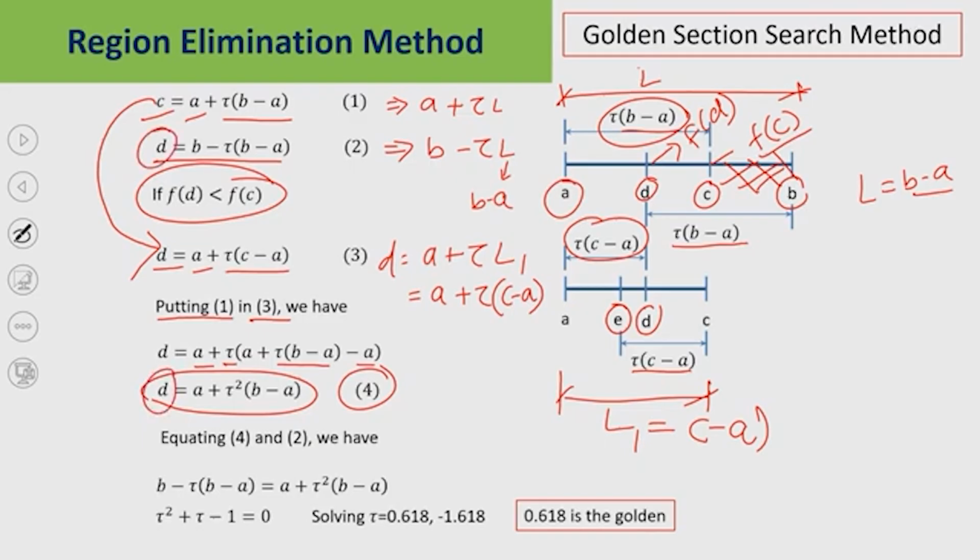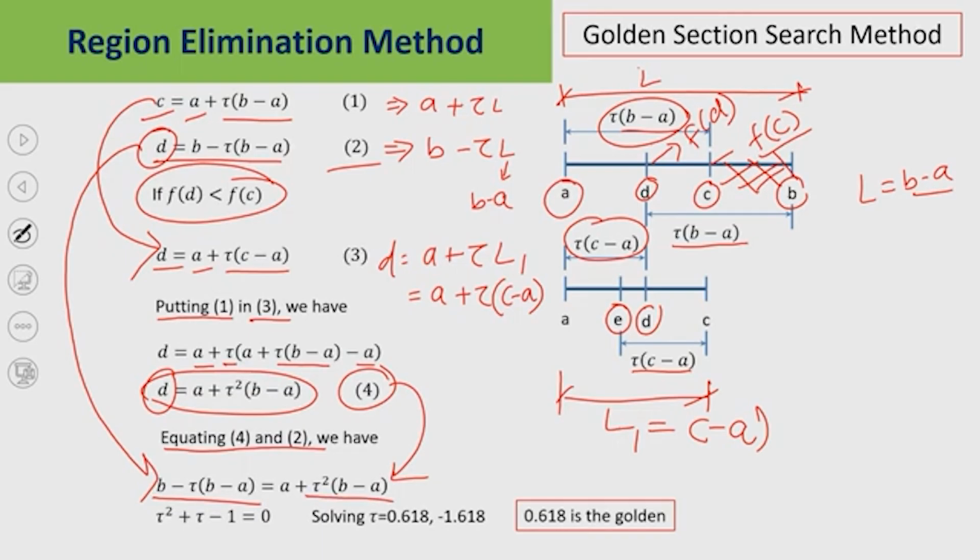That means, if I equate 4 and 2, what I am getting, the 2 is B minus tau (B minus A). Okay. So, that is your equation 2 and this is your equation 4, which is equal to A plus tau square (B minus A).